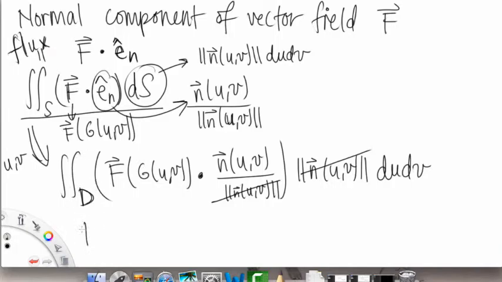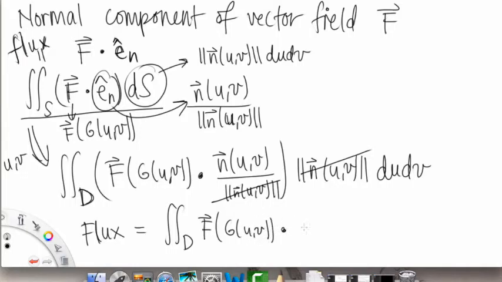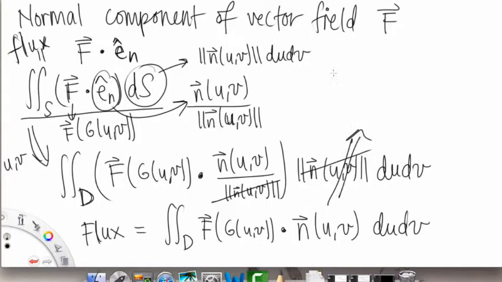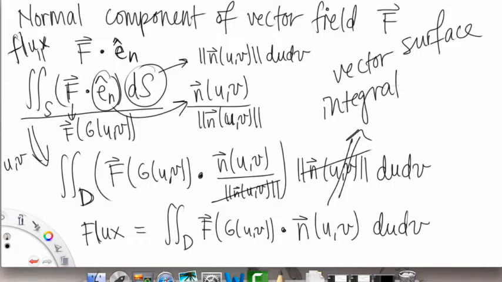So the final formula for the flux, the surface integral of the normal component of the vector field F, equals the double integral over domain D of u and v, of vector field F of g of u and v dotted with the normal vector itself, du dv. This is your vector surface integral with the parameterization g of u v, and it is oriented.